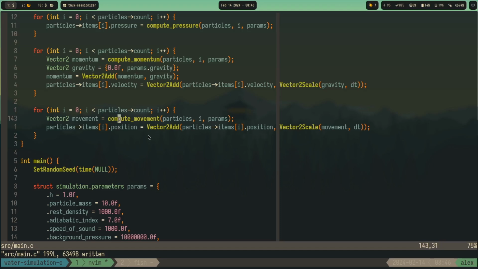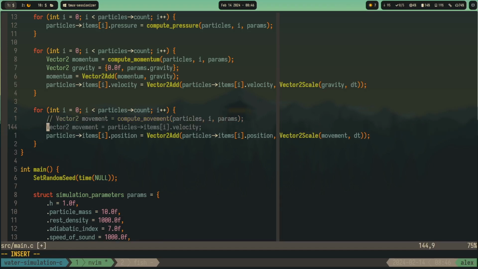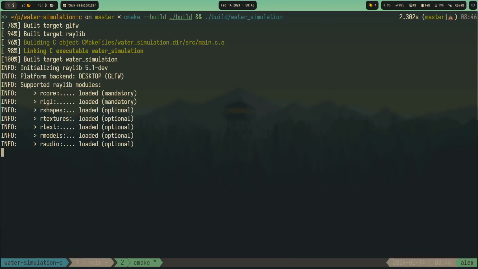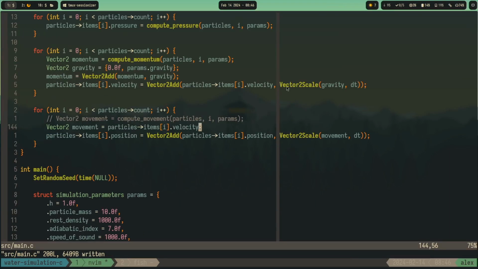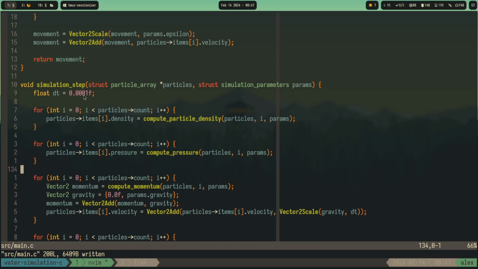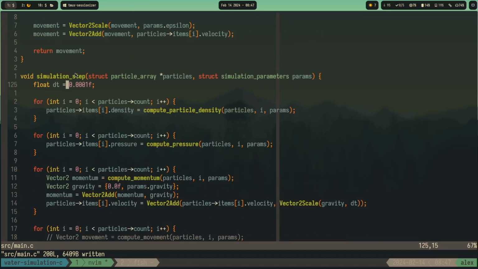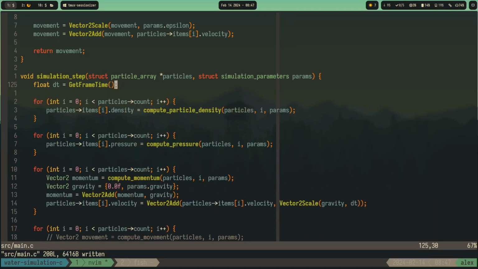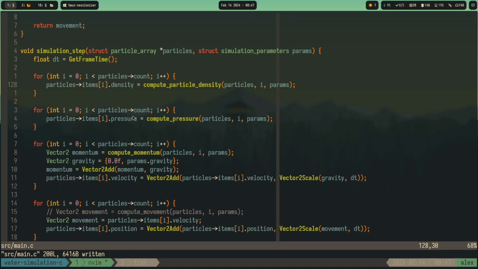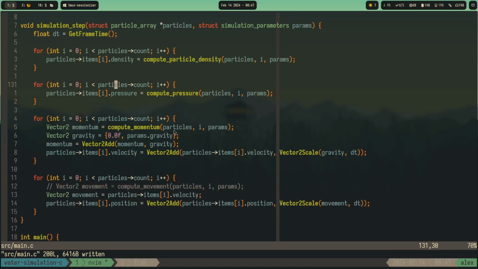Well, compute movement here is not the one that we wanted. So movement is, let's say, just velocity. Wait, what? Wait, did I do something wrong here?